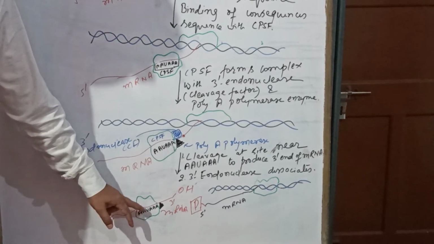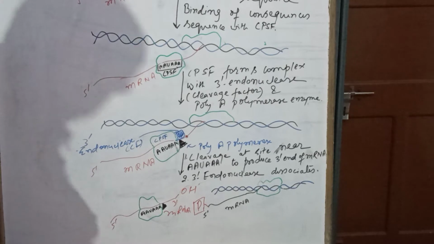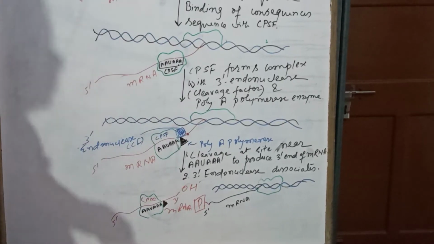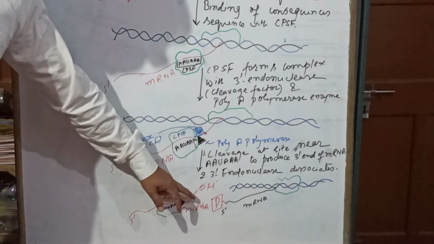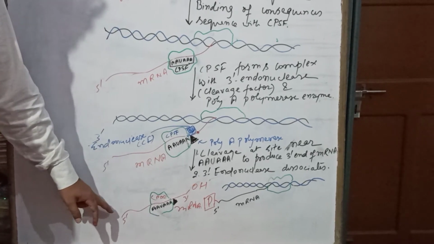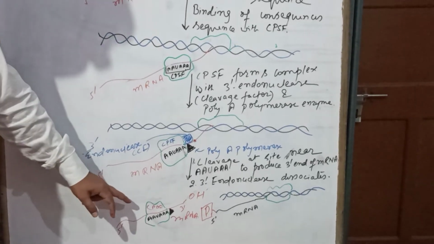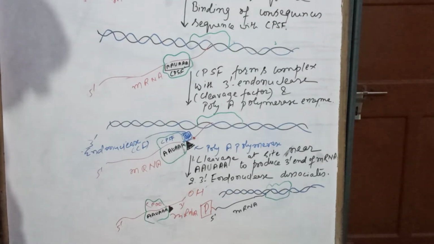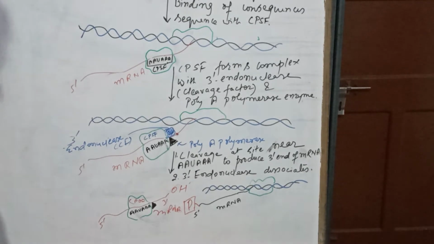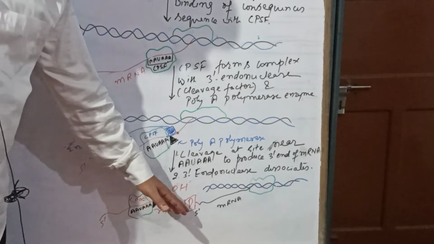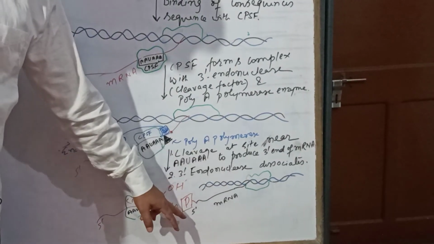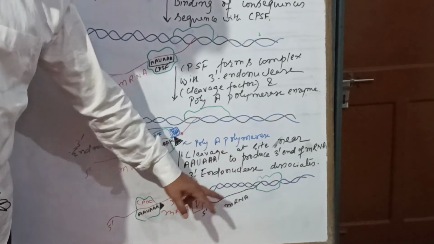So what is left? You are left with the CPSF and of course the poly-A polymerase enzyme with a segment of the mRNA, that is the processed mRNA. On the consensus sequence CPSF is bound along with the poly-A polymerase, and the other mRNA which is being synthesized remains with the DNA template.